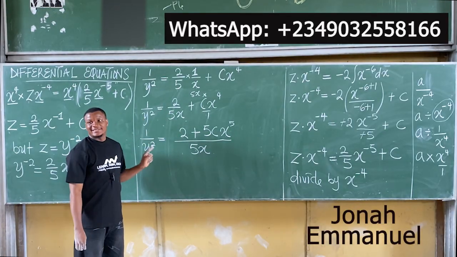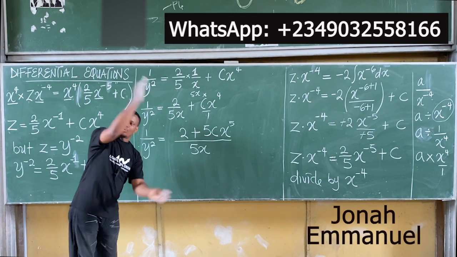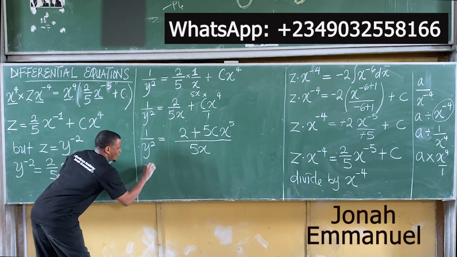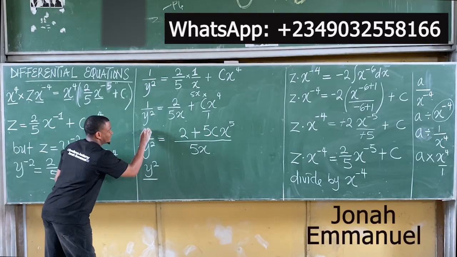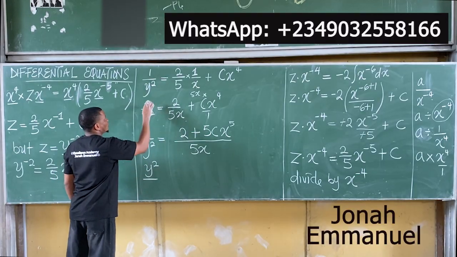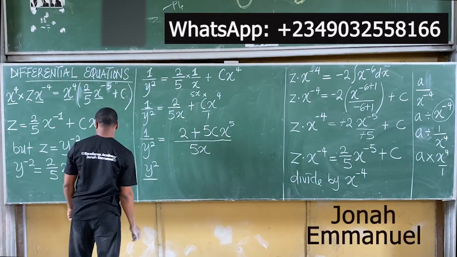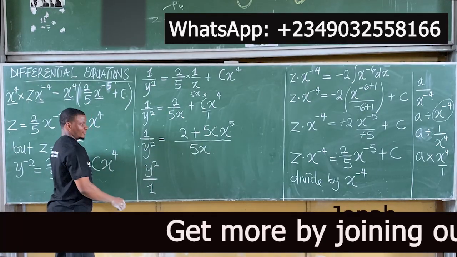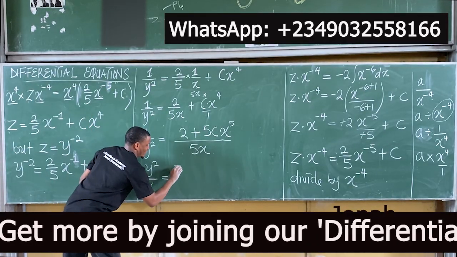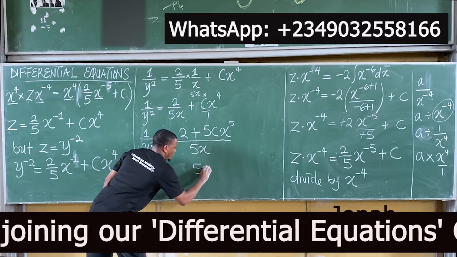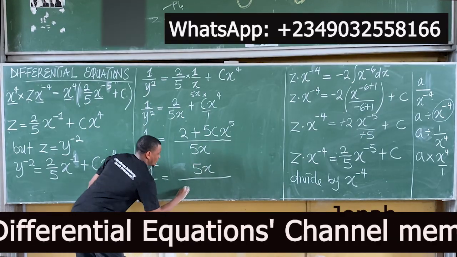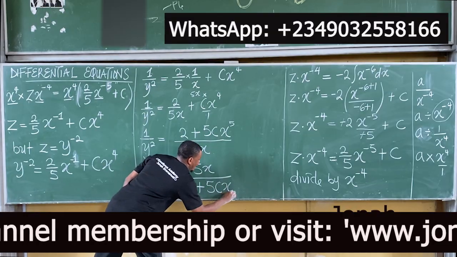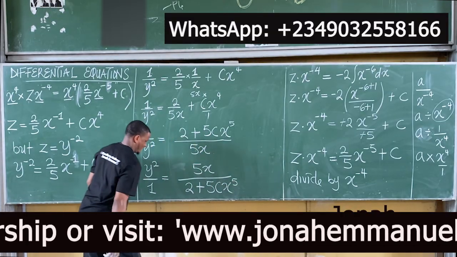Numerator, denominator. At this juncture, you can now turn upside down. If I turn it upside down, this one goes upside down. I have y squared all over 1. Turn this upside down now. Is equal to what do you have here? 5x all over 2 plus 5cx to the power 5.